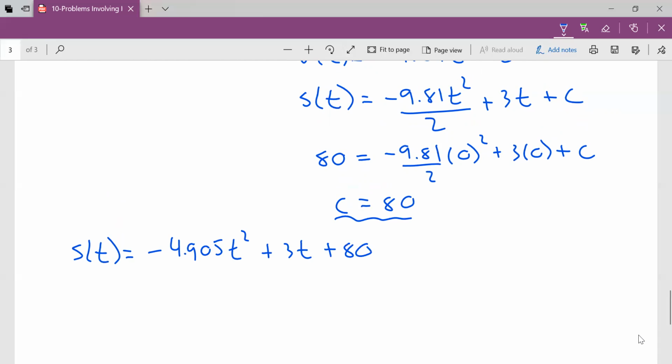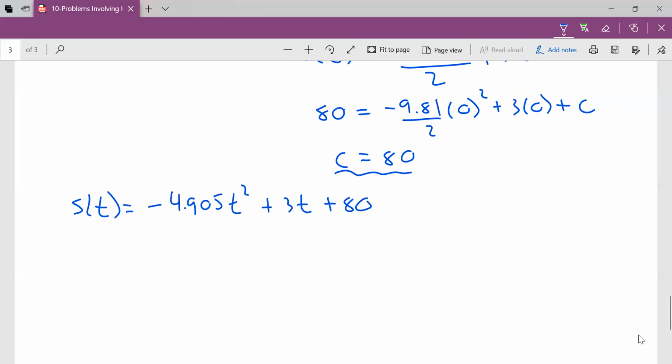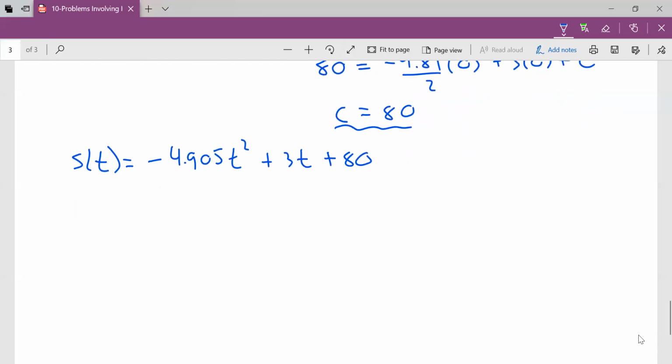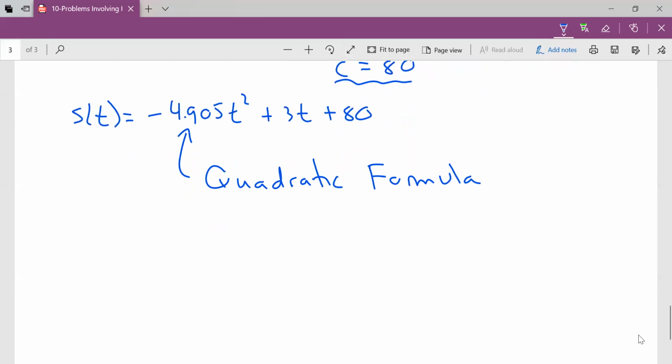Okay, so now if I want to know when this penny, I almost said rock, but penny, same idea, hits the ground, well, what we've got to do is solve for this. So from here, friends, all we're going to do is use the quadratic formula, and we're going to find that positive x-intercept, or I should say positive t-intercept in this case, as we're dealing with t.